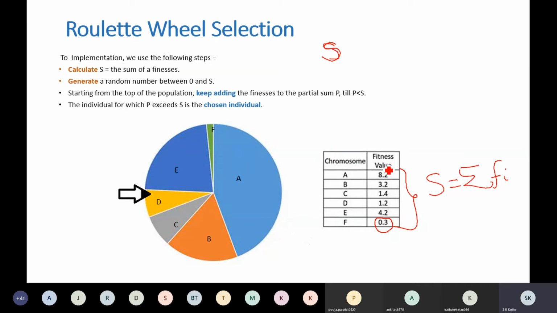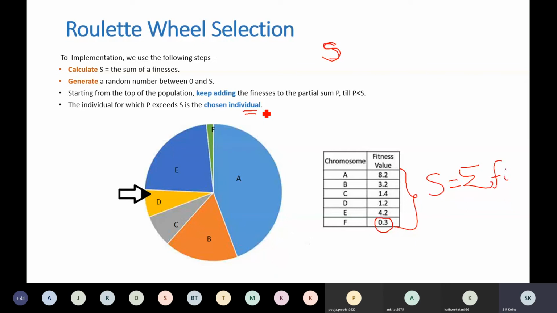Starting from the top of the population, for example A here, keep adding fitness to the partial sum. Initially it will be 0, then you keep on adding until this partial sum is less than s. The individual for which this partial sum exceeds s is chosen.